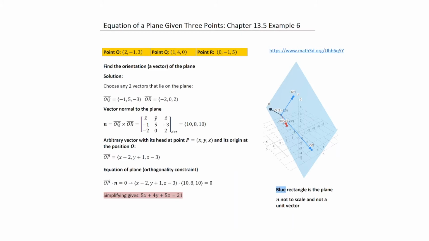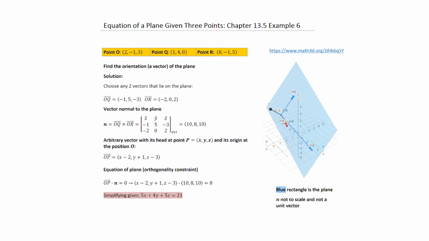I've chosen OQ and OR. You obtain the vector OQ by subtracting the O coordinate from the Q coordinate. And for the OR vector, you subtract the components of the O vector from the R vector. Those are indicated here.